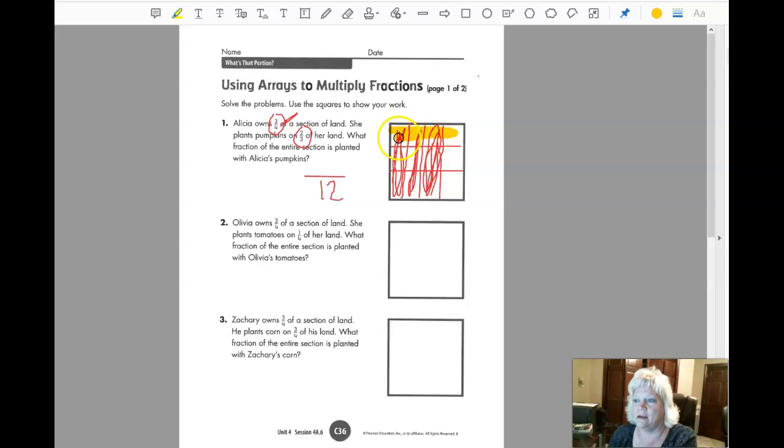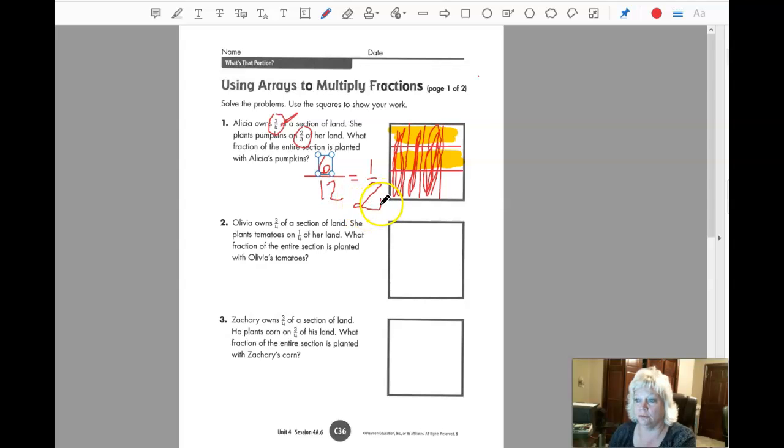So if I do that one, and this one. Now what I'm looking for is how many of them have both the yellow and the red. That'd be this one, this one, this one, this one, and this one. So the answer is going to be 6. 6/12, which does simplify down to 1/2.